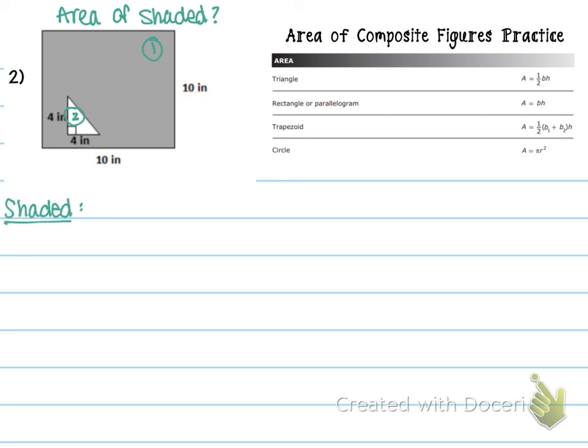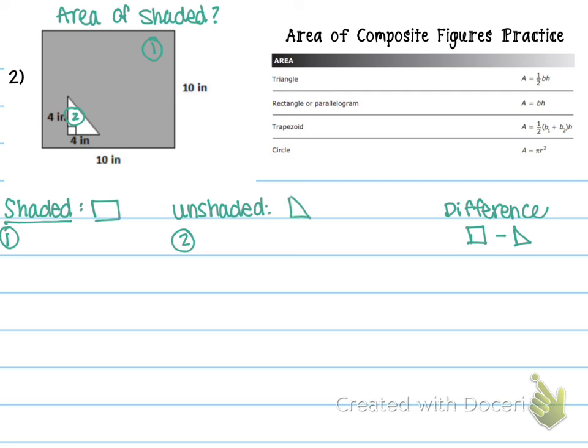Shaded, which is the number 1 on my paper. Unshaded, which is the number 2 on my paper. And then we're going to find the difference. Our square minus our triangle. Okay, so shaded is the square, unshaded is the triangle.